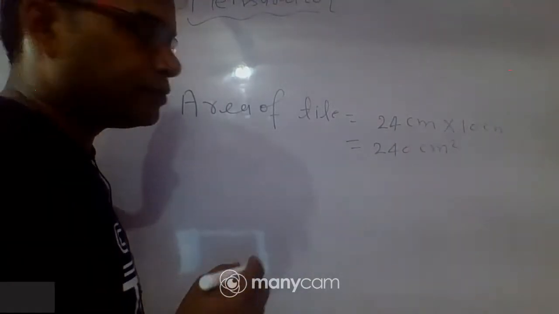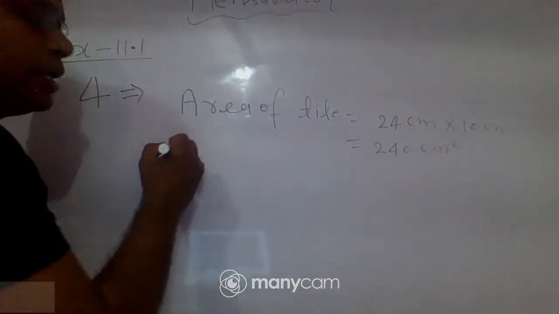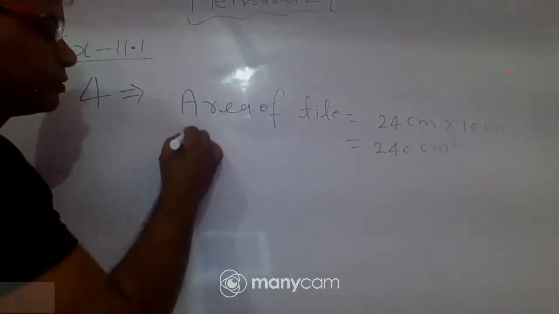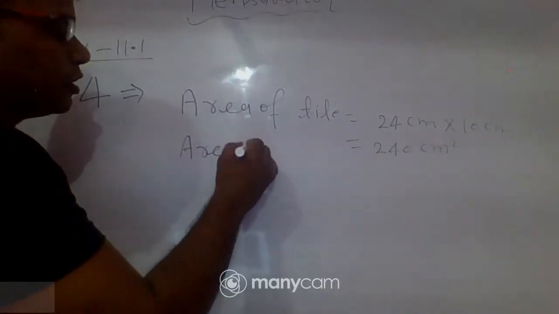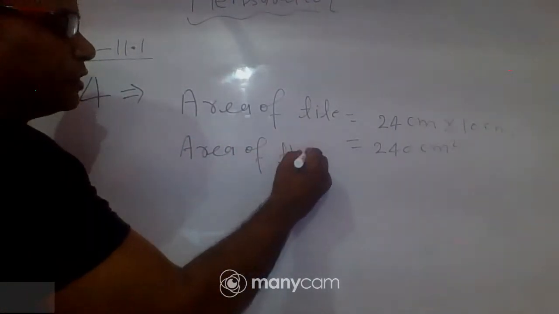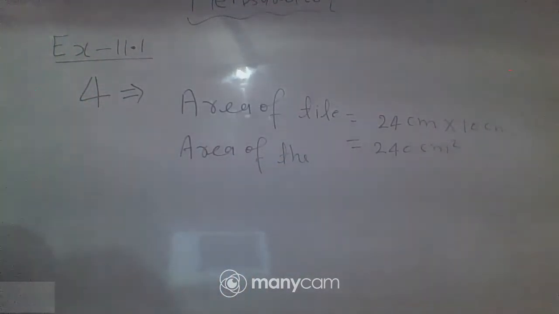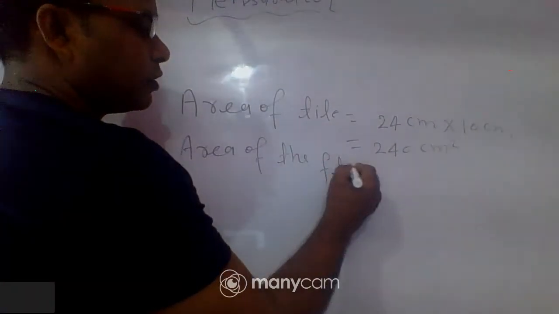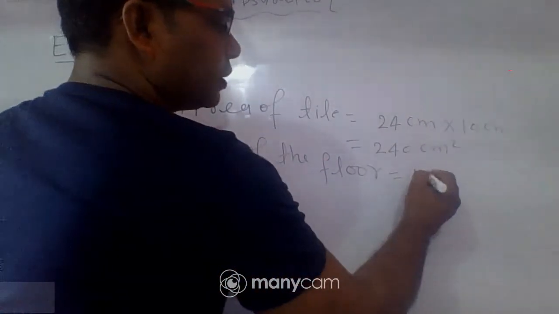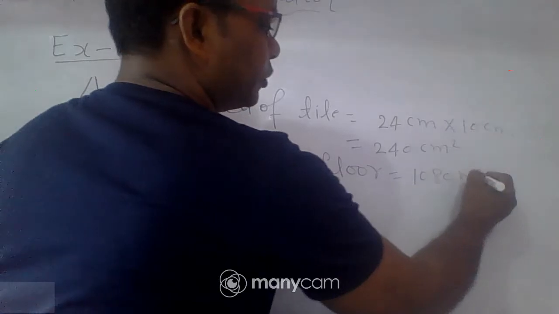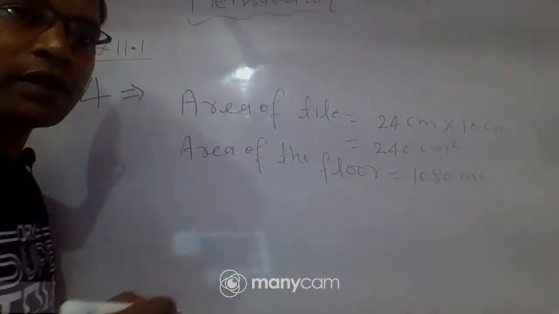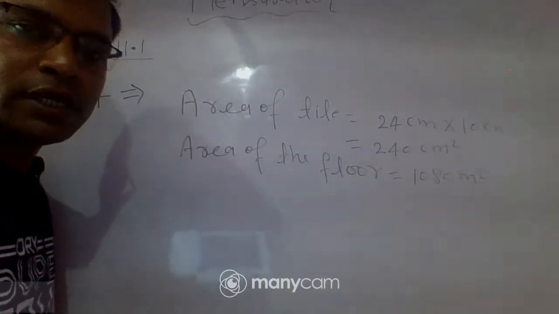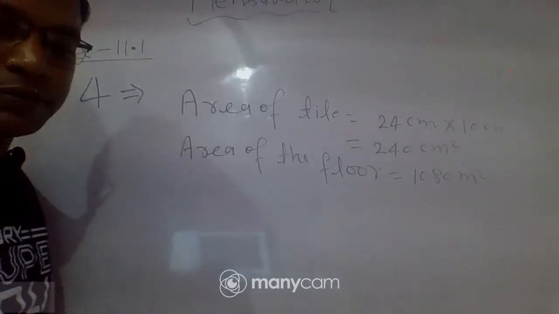This is equal to 240 centimeter square. Area of the floor is given. Area of the floor is equal to 1080 meter square.